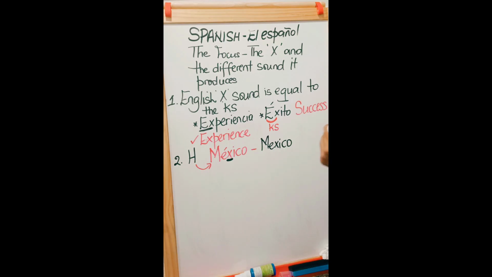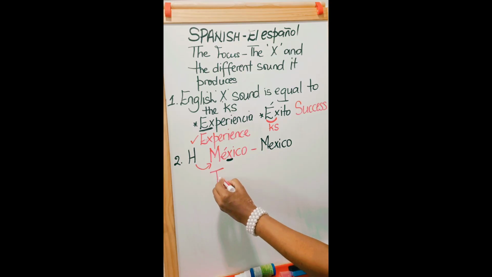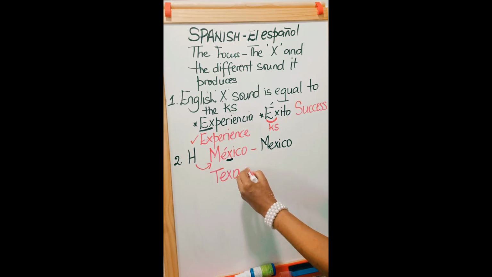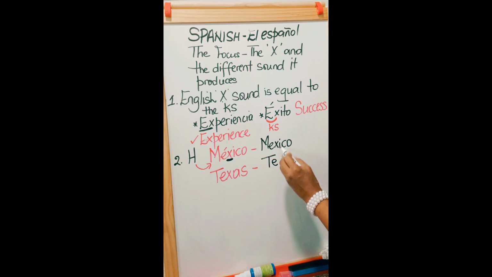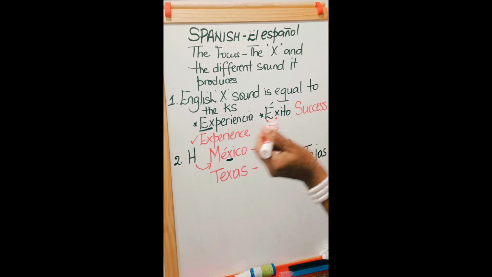All right, so we're looking at the other word, or the name of this place. Texas, as we all know. Texas, a city in America. But how is it pronounced in español? ¿Cómo lo pronunciamos en español? Texas, as if it is written with an H or J. Look very carefully.